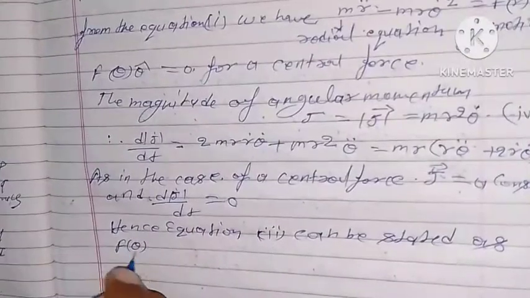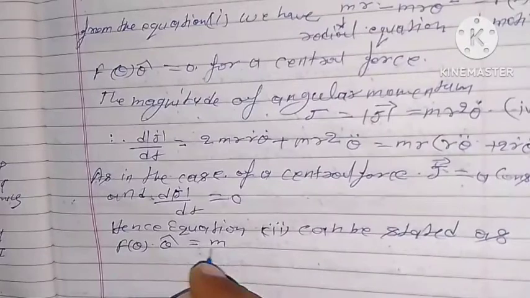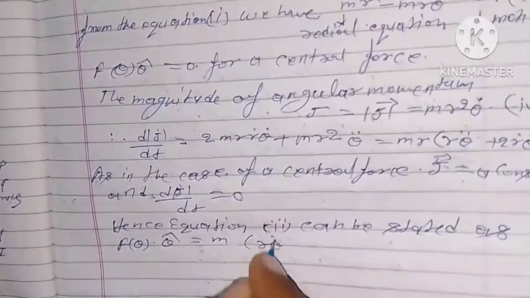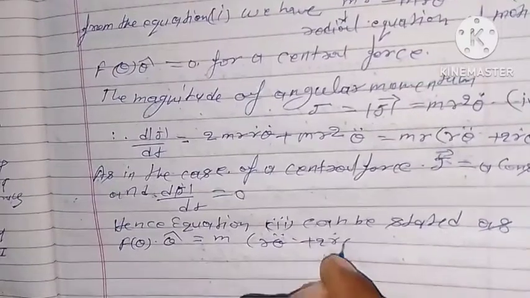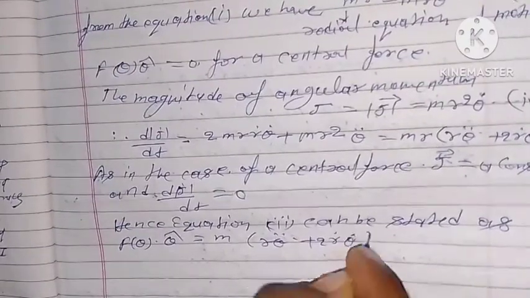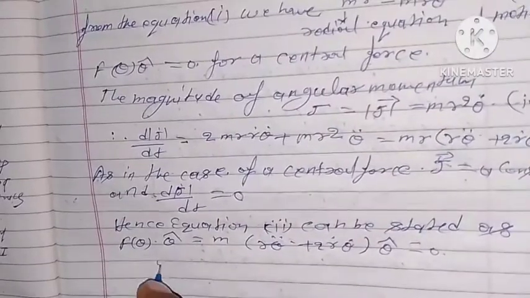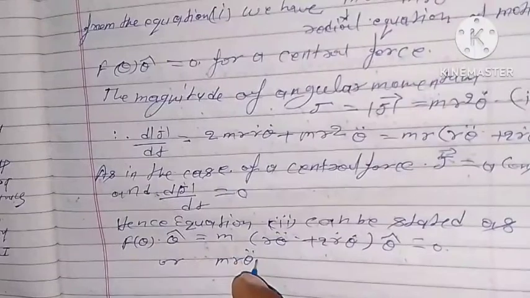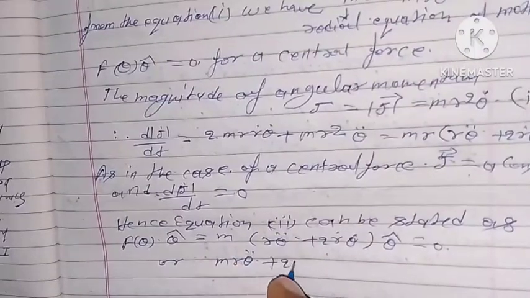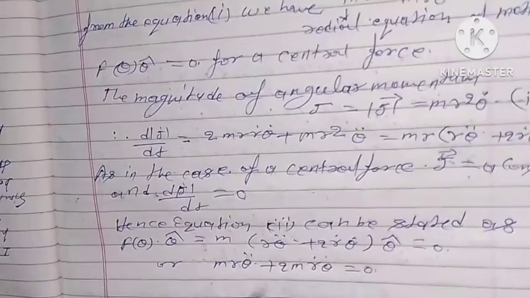F theta unit vector theta equal to m r double derivative of theta plus 2 derivative of r derivative of theta, unit vector theta, equal to 0, that is, m r double derivative of theta plus 2m derivative of r derivative of theta equal to 0.